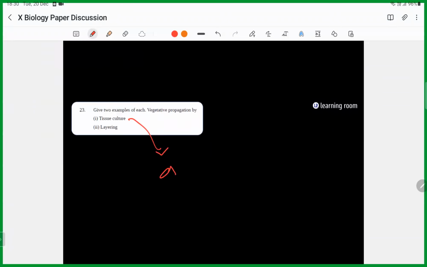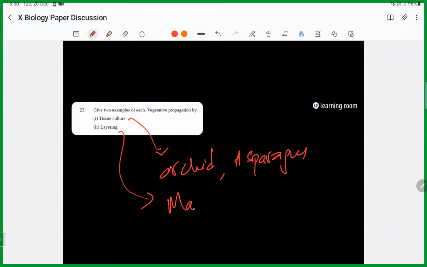So orchid and asparagus are examples for tissue culture, and for layering, rhododendron.